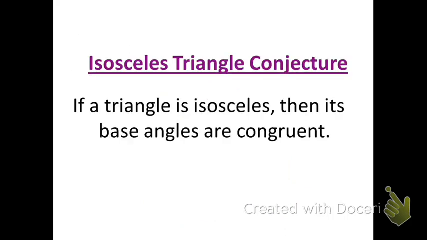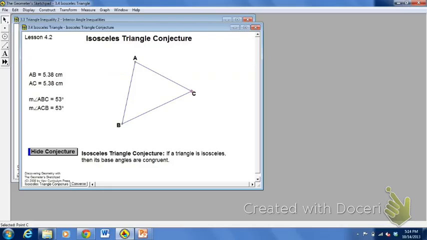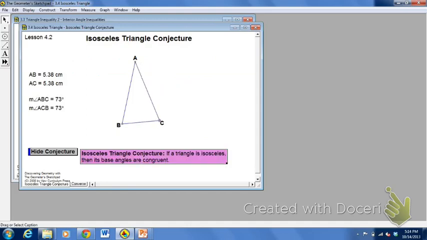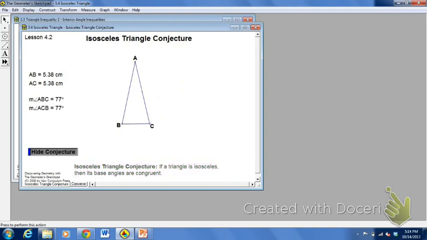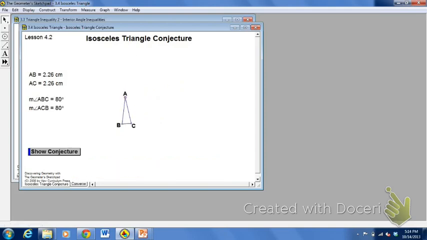So, the first thing you want to know about an isosceles triangle is that if a triangle is isosceles, then the base angles are congruent. So if we look at this isosceles triangle conjecture right here, and we adjust it so that these two sides are always equal to each other, AB and AC. So I can move A up so that AB and AC are both very long, and that they're still congruent. If you look over at the side, they're both approximately 7 centimeters.